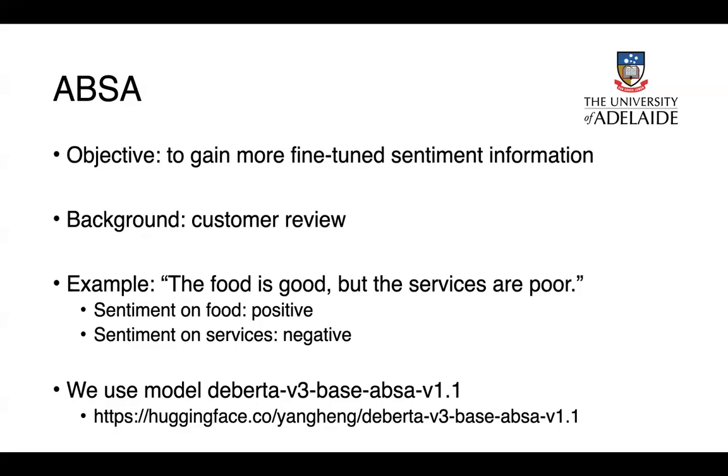This is one example. For the sentence, the food is good, but the services are poor, the sentiment on food should be positive, while the sentiment on services should be negative. And we use this model in our project.